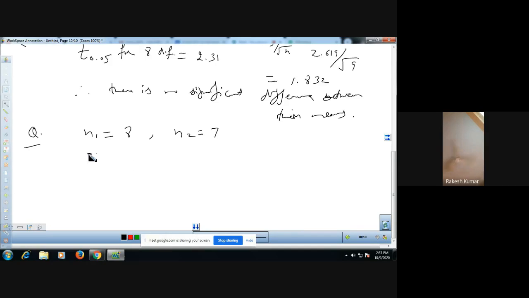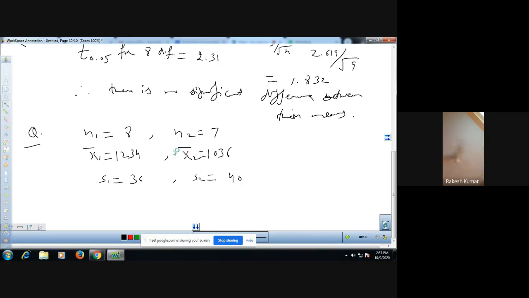The first sample mean is 1234 and the second sample mean is 1036. Standard deviation S1 is 36 and the standard deviation S2 is 40. This is given to us.